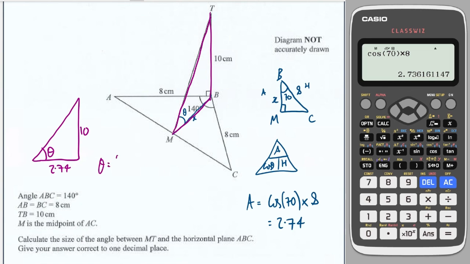So the theta value is tan to the minus 1 of the opposite over the adjacent. So I will do tan to the minus 1 of 10 over answer. And I get 74.7. Perfect.